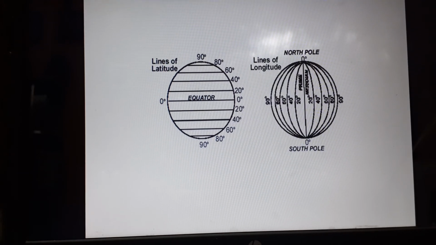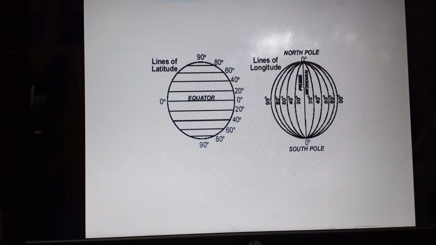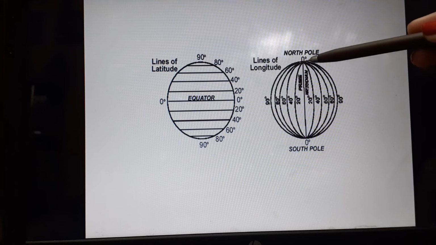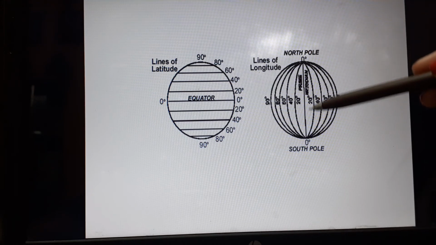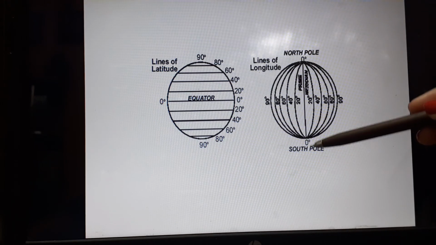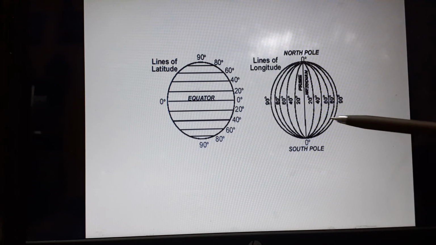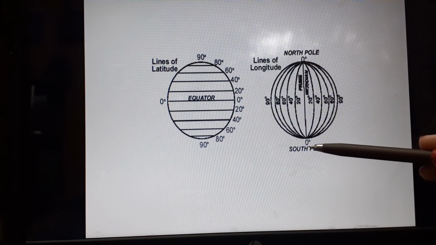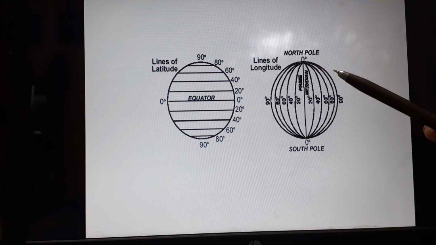As the equator is a horizontal line, we have the same concept on the vertical, which is known as the prime meridian, and it runs from the south pole to the north pole. When we talk about the prime meridian, it is at 0 degree.